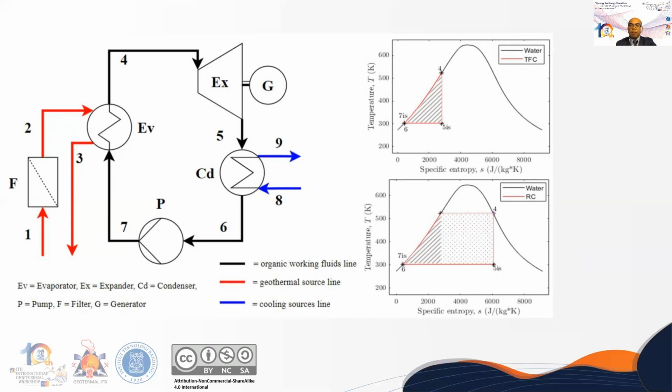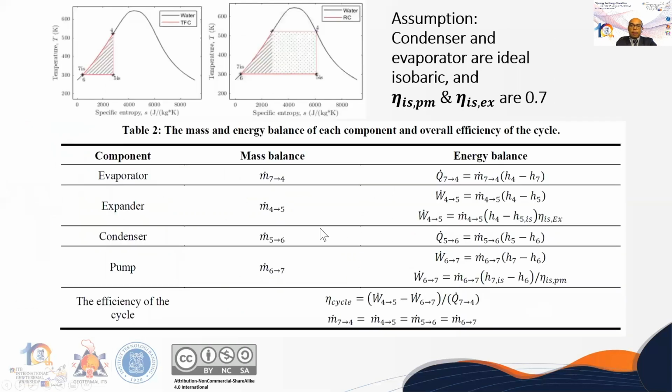On the right side is the thermodynamic process in a temperature and specific entropy diagram. The difference between TFC and ORC is that ORC needs more heat to evaporate the working fluid until it reaches the saturated vapor curve.